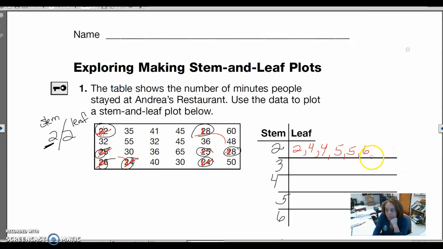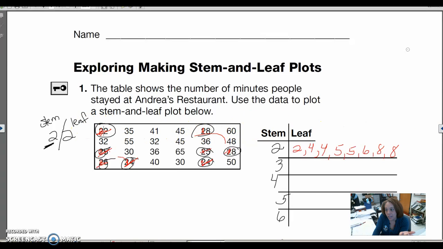So I have comma 8 and comma 8. That's 1, 2, 3, 4, 5, 6, 7, 8. So I know when I look at this, my numbers are 22, 24, 24, 25, 25, 26, 28, and 28. That accounts for all of the 20s.